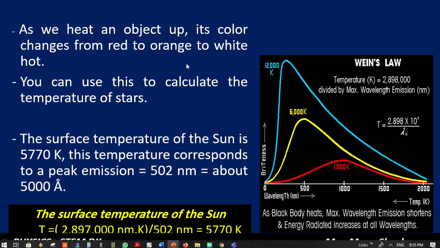As we heat an object, its color changes from red to orange and to white hot. You can use this to calculate the temperature of the stars from these relations.